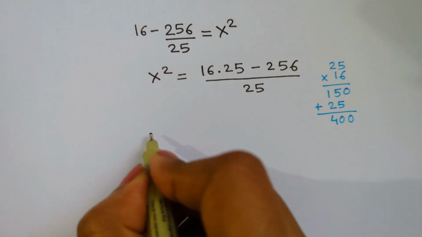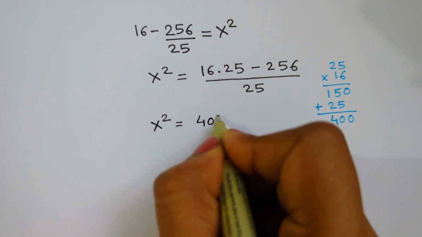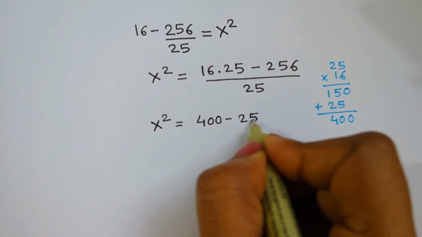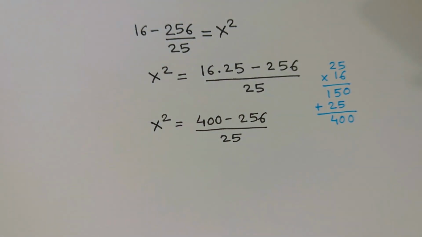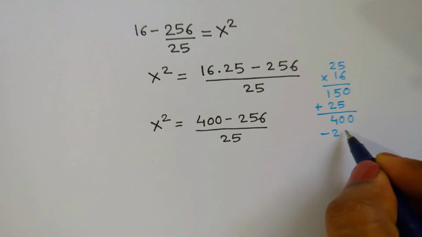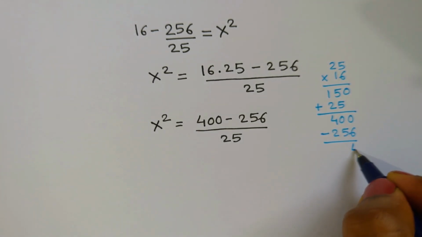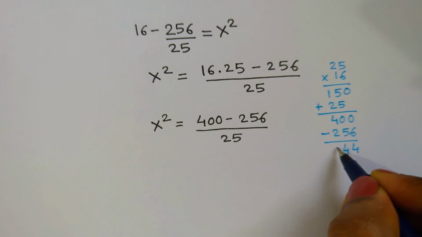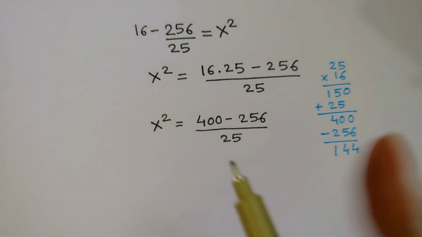Let's replace this value on the right hand side. So x square is equal to 400 minus 256 divided by 25. 400 minus 256, let's do that on the right hand side itself. It's 144. Let's replace this value once again.